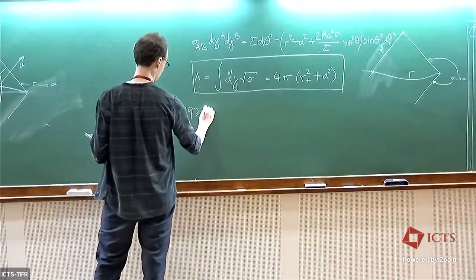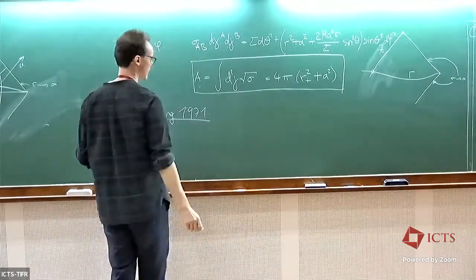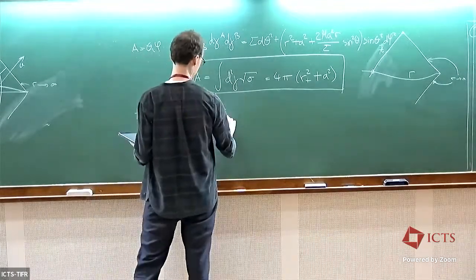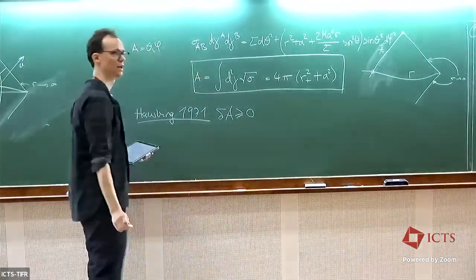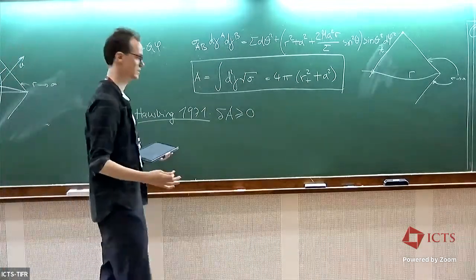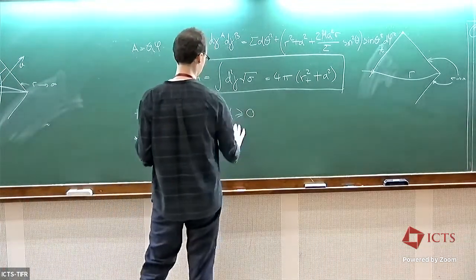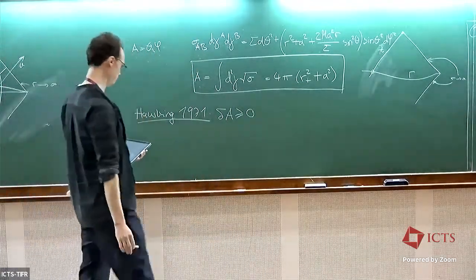in 1971, yes, that the change of the area of a black hole can only be positive or 0 under certain assumptions on the matter that's falling in. But these assumptions are going to be satisfied for the remainder of the course.